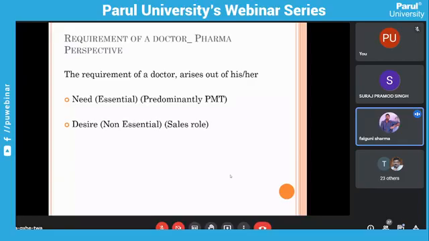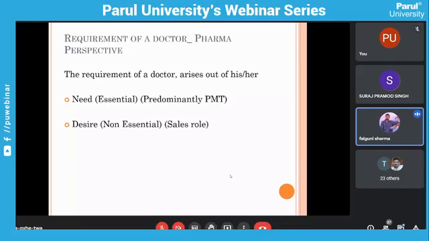Now next, desire, non-essential, as I told you, the sales role particularly. You know very well, there is no such person in the sales force of any pharma company who has stayed so long, for years and years. They are looking for quick changes to grow themselves.